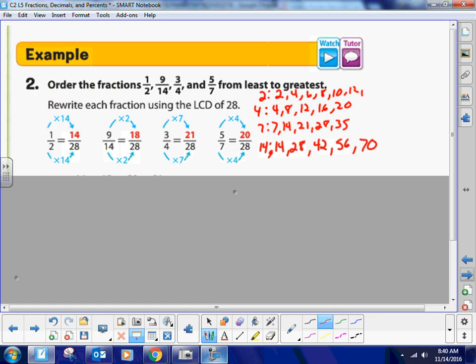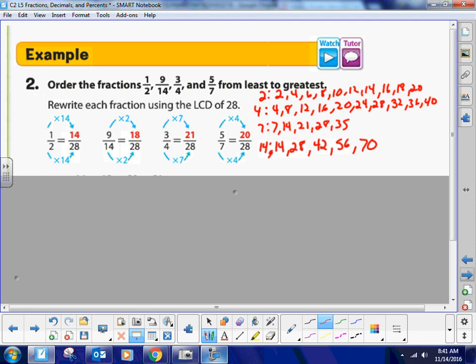So this is 12, 14, 16, 18, 20. All right, we have 20, but there's no 20 here. So 24, 28, 32, 36, 40. I wouldn't even bother with 7 because 7's already up to 35, and 14 is up to 70. I wouldn't even bother with those two.